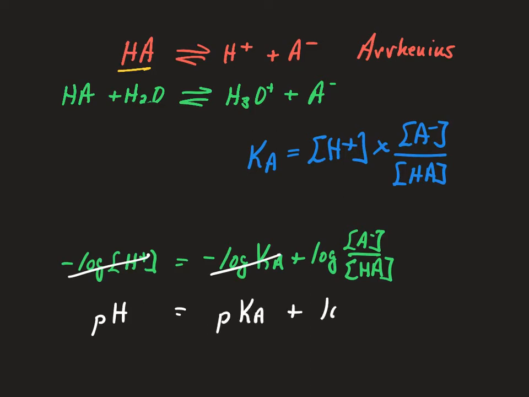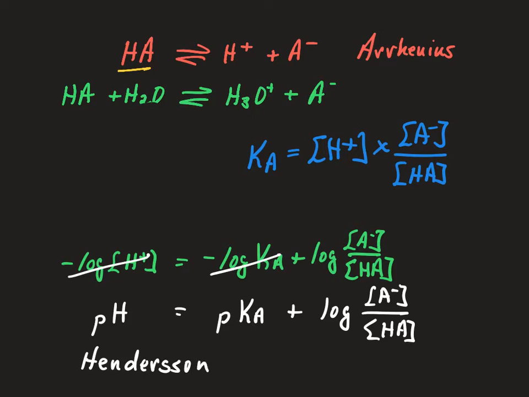And so we get a new equation relating the pH and the pKa and the concentration of the basic form and the concentration of the acidic form. And this equation is called the Henderson-Hasselbalch equation.